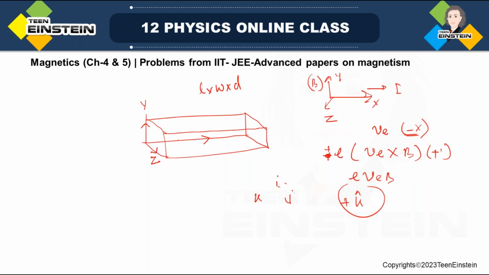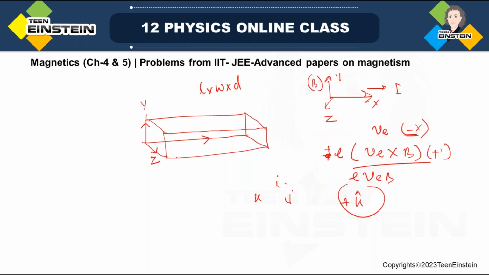Electrons are moving in the negative x direction, and the magnetic field is given along the positive y direction. Electrons and positive ion cores will experience q v cross B. So electrons will be deflected towards the negative z direction, and positive ion cores towards the positive z direction.